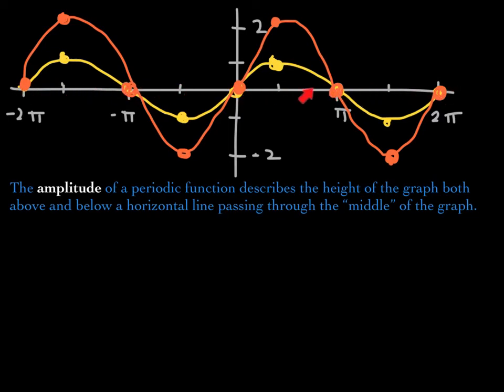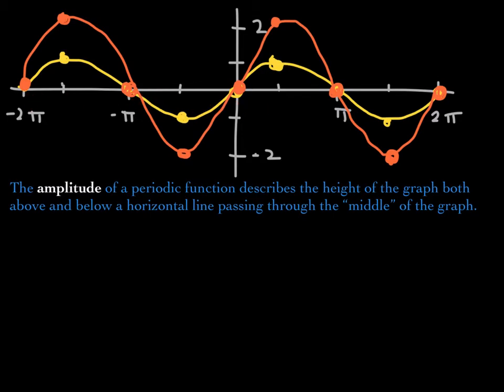The amplitude is the height of the graph above this line, so above the x-axis is 2 units. That's the amplitude of this graph. And it also describes the height below: the lowest it goes is 2 units below the middle part of the graph, which is the x-axis.